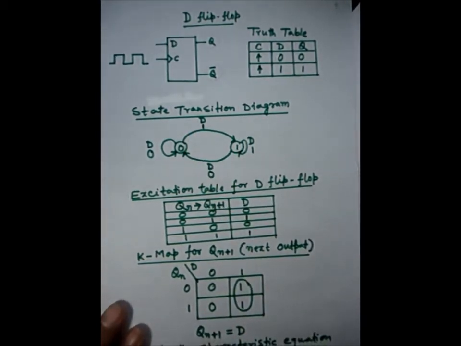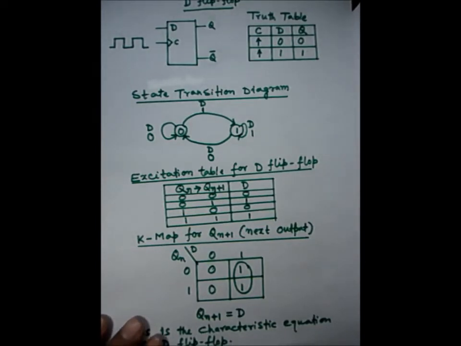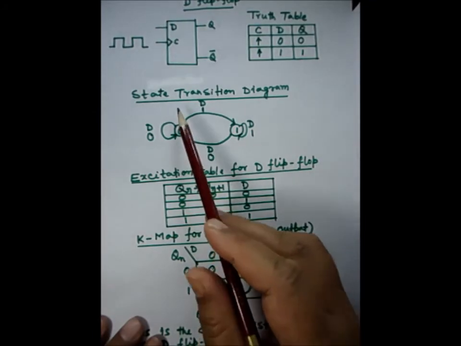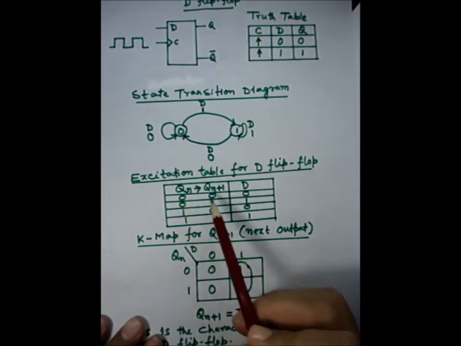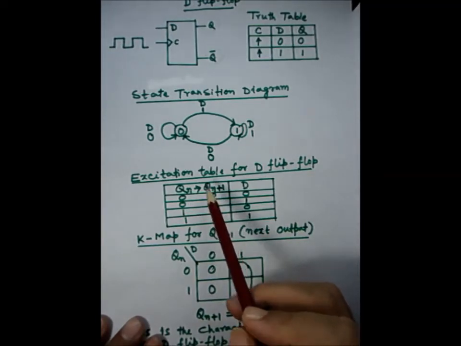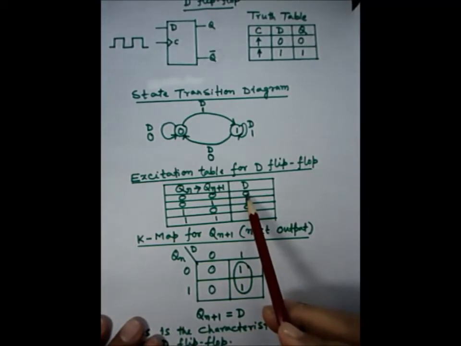Now after the preparation of the state transition diagram, we come to the preparation of the excitation table, exactly from the state transition diagram. When the previous state was 0, the next state is also 0. What value of D will it take? It will take a value of D equal to 0.